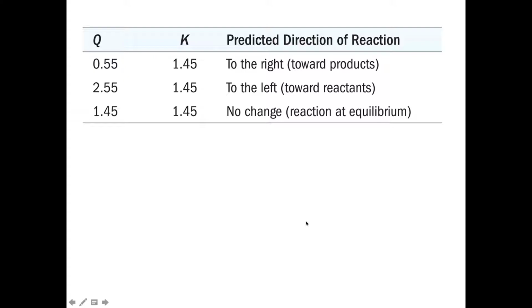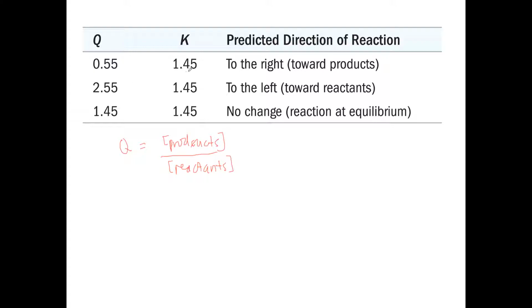Suppose that we have a K and a Q that are given here. If Q is equal to the concentration of the products, how do you spell products? With a C? No, with a U? Okay, there you go. Products over reactants. And if Q is 0.55, and we know that equilibrium is supposed to be 1.45, which is bigger?